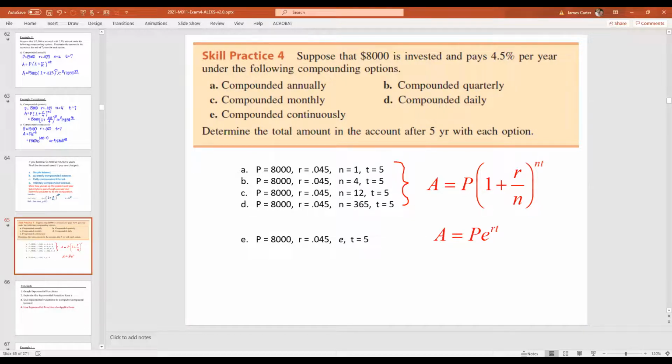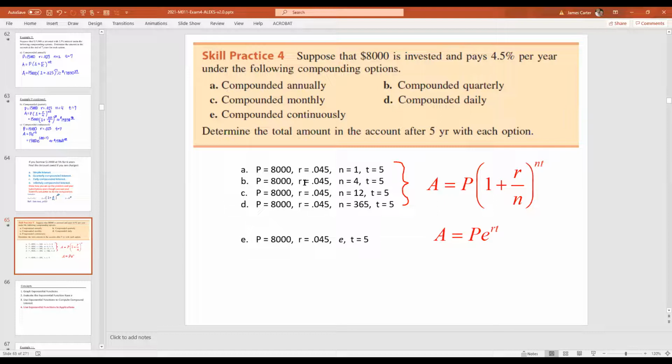For compounded annually, the principal would be 8,000, the rate 0.045, one time a year, 5 years. So we would have 8,000 times 1 plus 0.045 over 1 to the 1 times 5, or the 5th power.